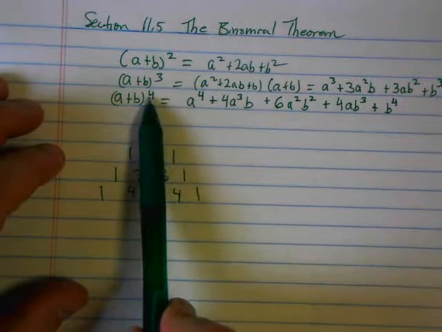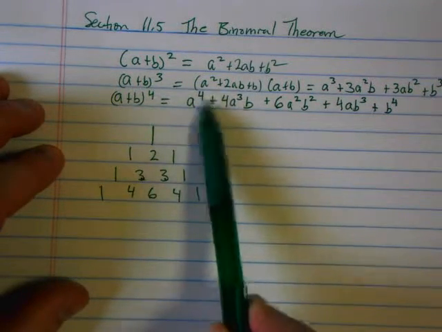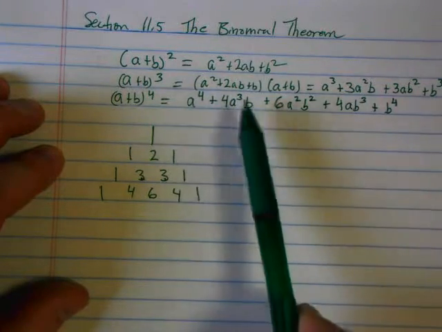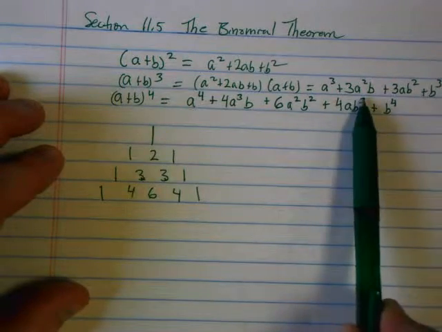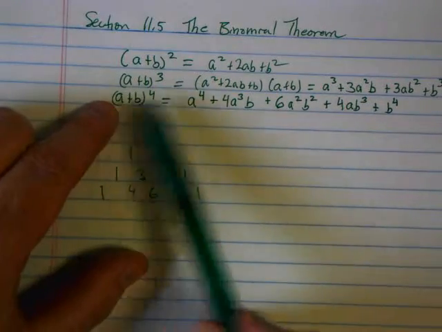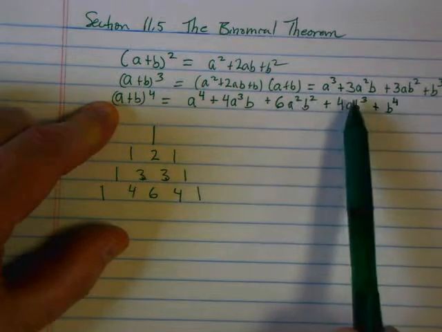When you start with the 4th power, your exponents always have to add up to a 4. So this one just has a to the 4, that's a 4. 3 plus 1 is 4. 2 plus 2 is 4. 1 plus 3 is 4, and then a 4. So basically you start with a to the 4th, and then each time you go, your a's are going to get smaller.